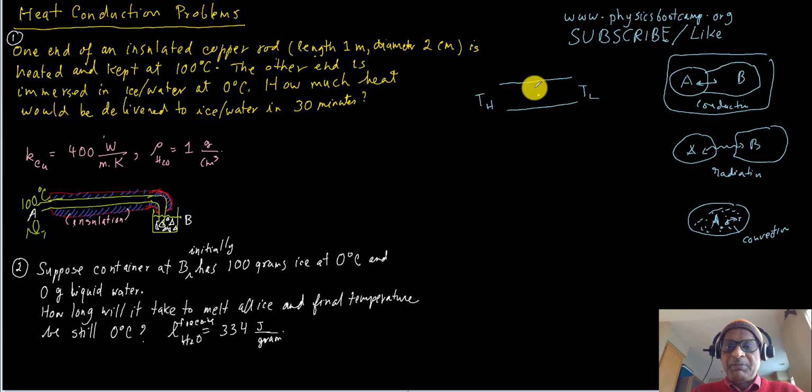And so if you look at some point in the material, there will be an area of cross section that this point belongs to, through which heat is flowing. Let's call it cross section area A.